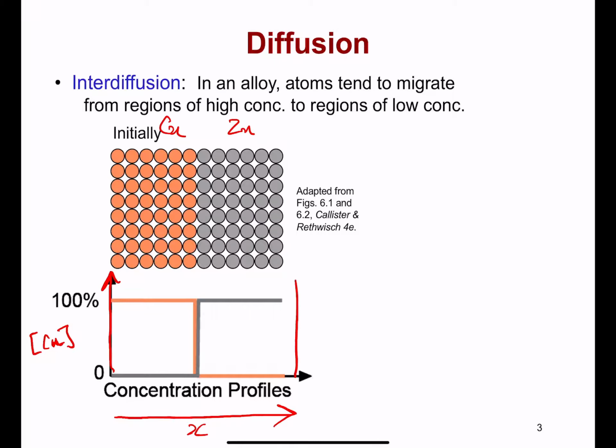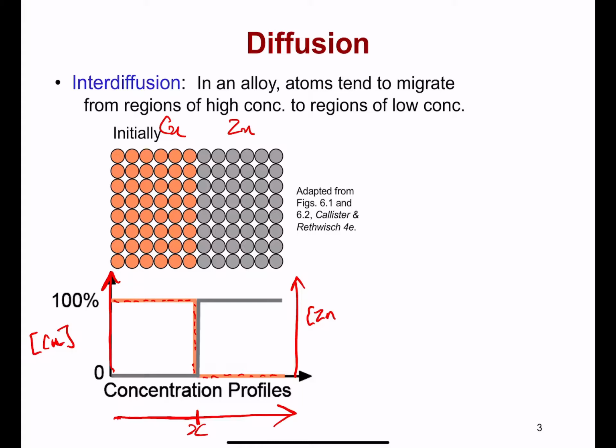And the opposite vertical here could be the concentration of, say, zinc, the gray. Initially, of course, we have mostly copper at 100% pure. And then it transitions very abruptly down to no copper, so zero concentration, as we transition across the x position here to the interface between the two.